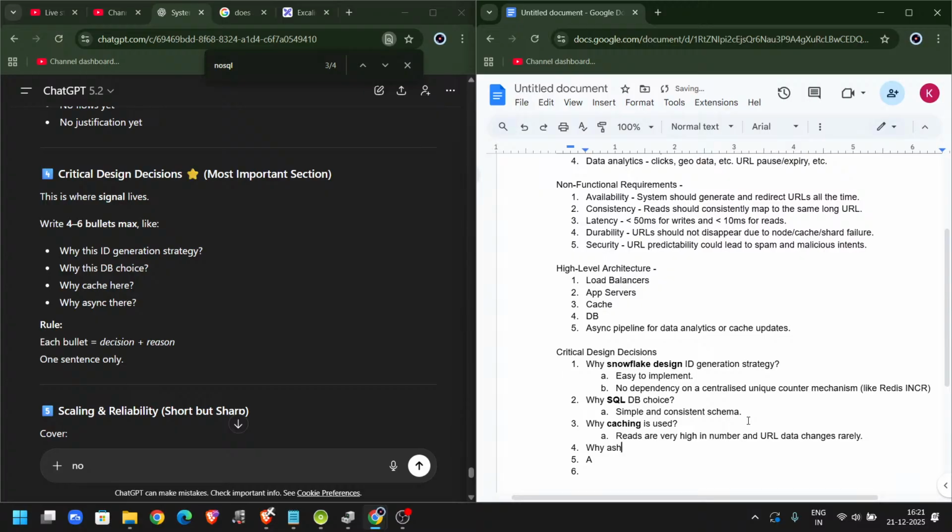Why async here? Data is additional or functional, which on being async will be highly efficient.